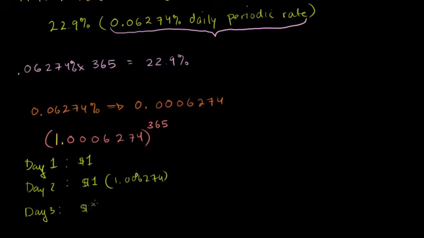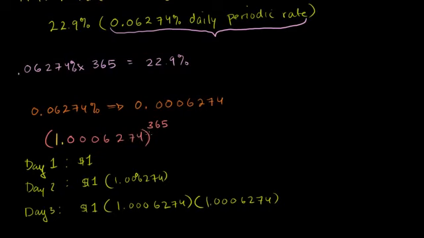On day 3, it'll be $1, which is the initial amount I borrowed, times 1.0006274, and then I'm going to have to pay that much interest on this whole thing again. I'm compounding 1.0006274. So as you can see, we've kept the balance for 2 days, and I'm raising this to the second power. If I'm multiplying it by itself, I'm squaring it. So if I keep that balance for 365 days, I have to raise it to the 365th power. And this isn't counting any kind of extra penalties or fees.